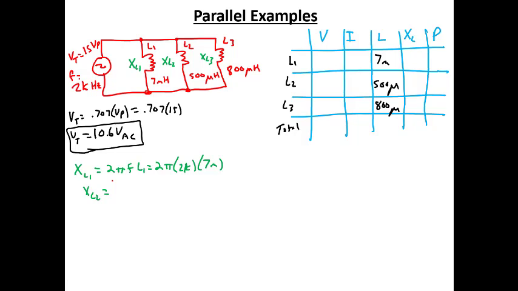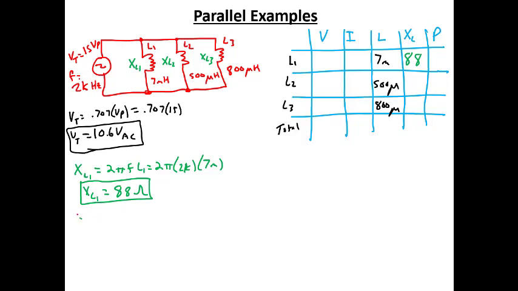Let me punch that into my calculator: 2 times 3.14 times 2k times 7 millihenries. I'm going to round this up to 88 ohms. So I'd have 88 ohms for X sub L1. Excuse me, I put it in the wrong spot, that should be X sub L1.